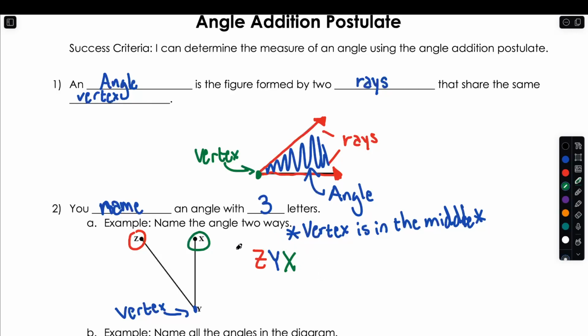And in front of those 3 letters, we're going to put something that kind of looks like a less than sign or alligator sign. We call this an angle symbol. It's flat on the bottom and it's slanted on the left there. So that's an angle. So this is one way to name it.